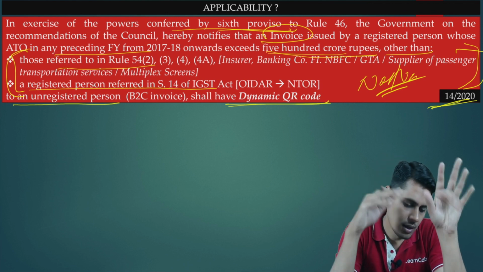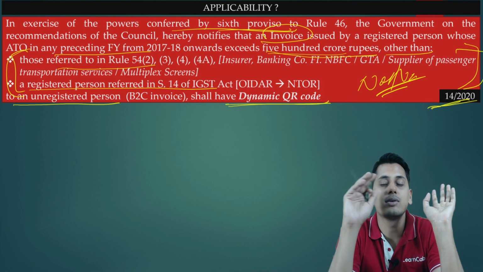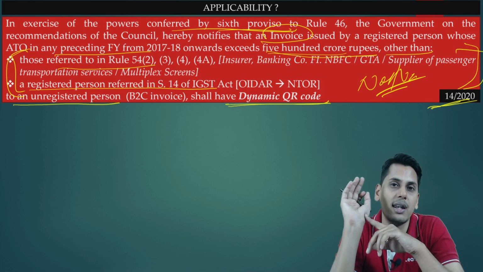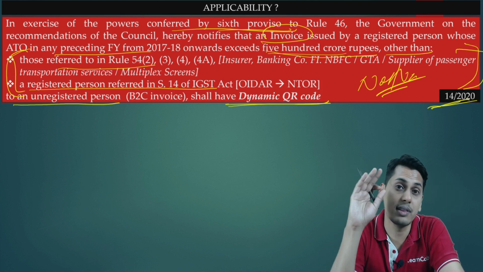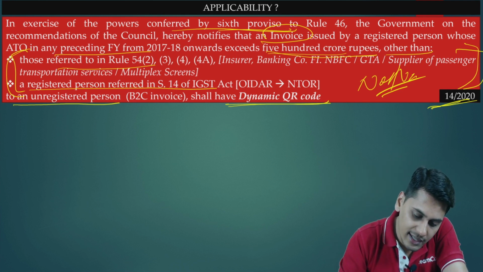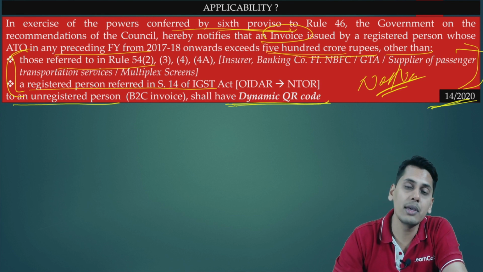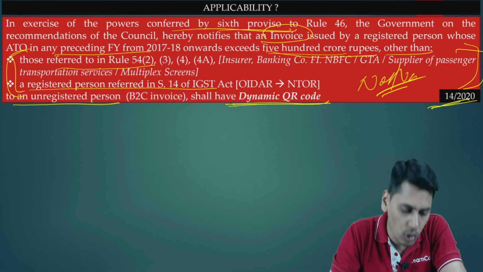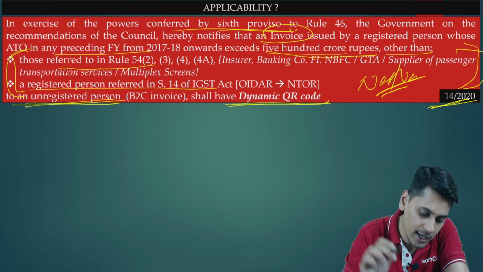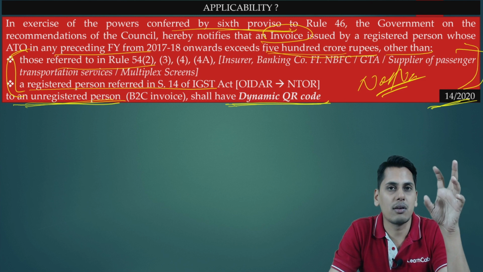Other than your specified suppliers and other than an OIDR who is supplying services to a non-taxable online recipient. The invoice which is issued by these persons should contain a dynamic QR code. And invoices issued to whom? It is invoices issued to an unregistered person. Let us discuss these elements one by one.